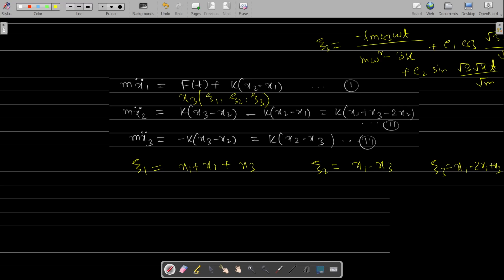Right, now we need to solve for x3 here. It can easily be done, so let's do it.